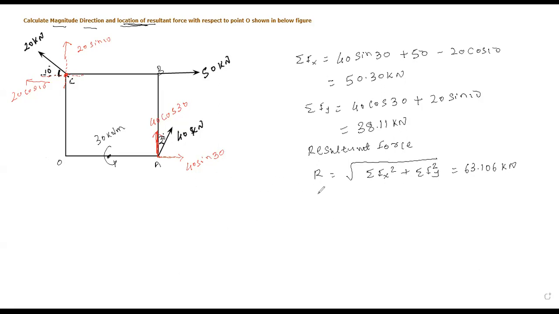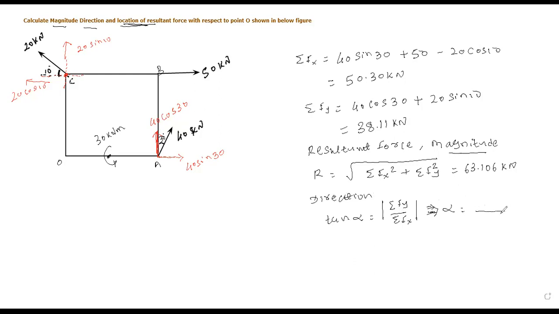Now we are going to calculate the direction of the resultant force. This is the magnitude; now the direction of the resultant force. Tan alpha equals the modulus of sigma Fy by sigma Fx. Please give me the value of alpha only. I don't want tan alpha, I want alpha only.